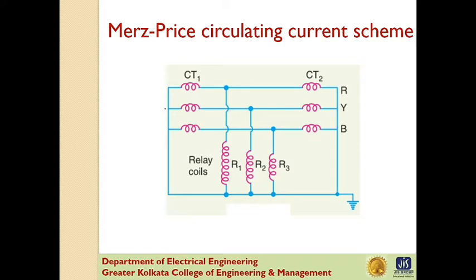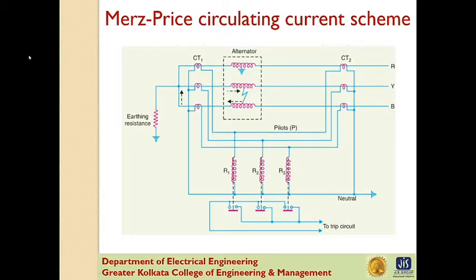Suppose an earth fault occurs on phase R. An earth fault occurs on phase R due to breakdown of its insulation to earth, as you can see in this picture. Now the current in the affected phase will flow through the core and frame of the machine to earth, the circuit being completed through the neutral earthing resistance.